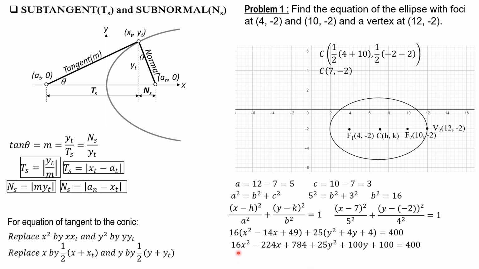Then simplifying, writing in the general form, the equation of the ellipse is 16x squared plus 25y squared minus 224x plus 100y plus 784 plus 100 minus 400, so 484, equals 0. So the equation of the ellipse is 16x squared plus 25y squared minus 224x plus 100y plus 484 equals 0. So that's it for this video.